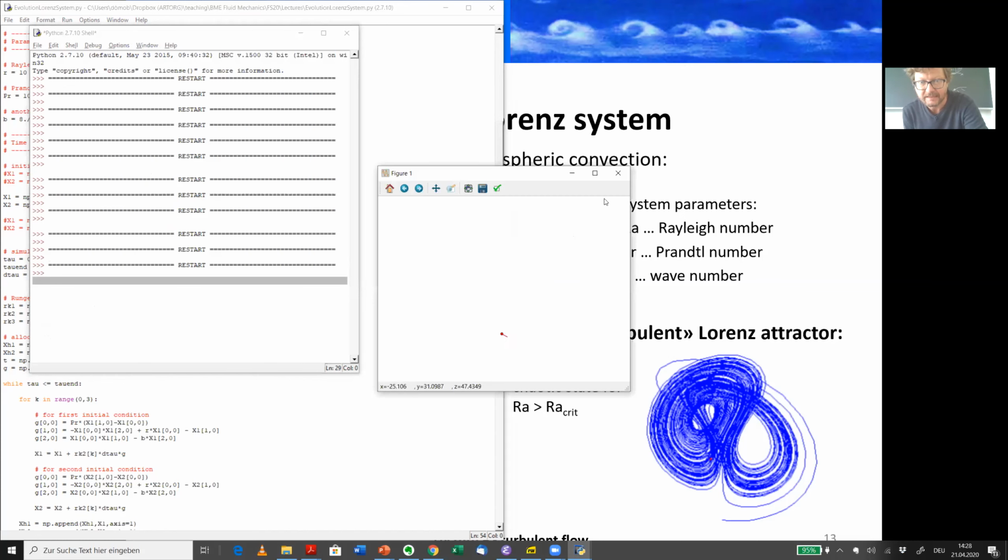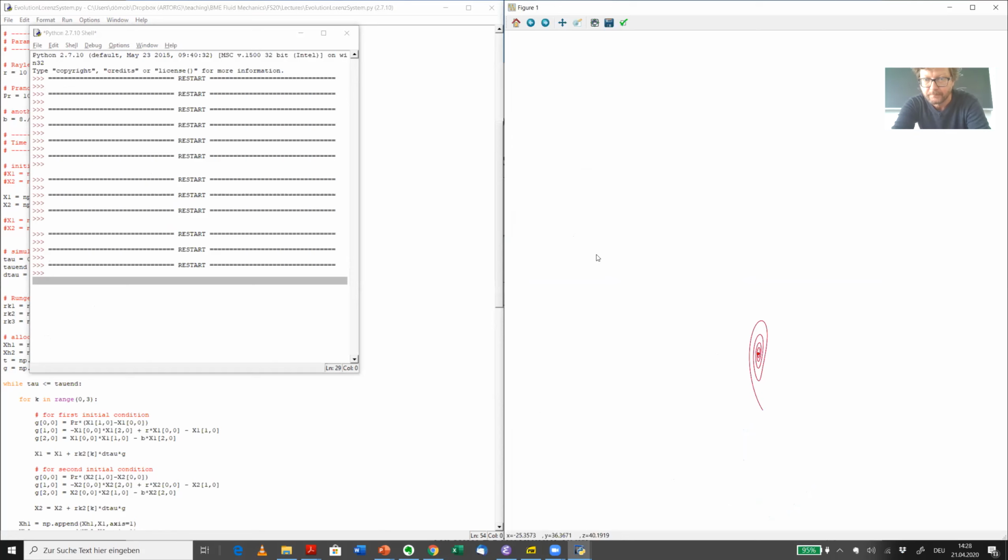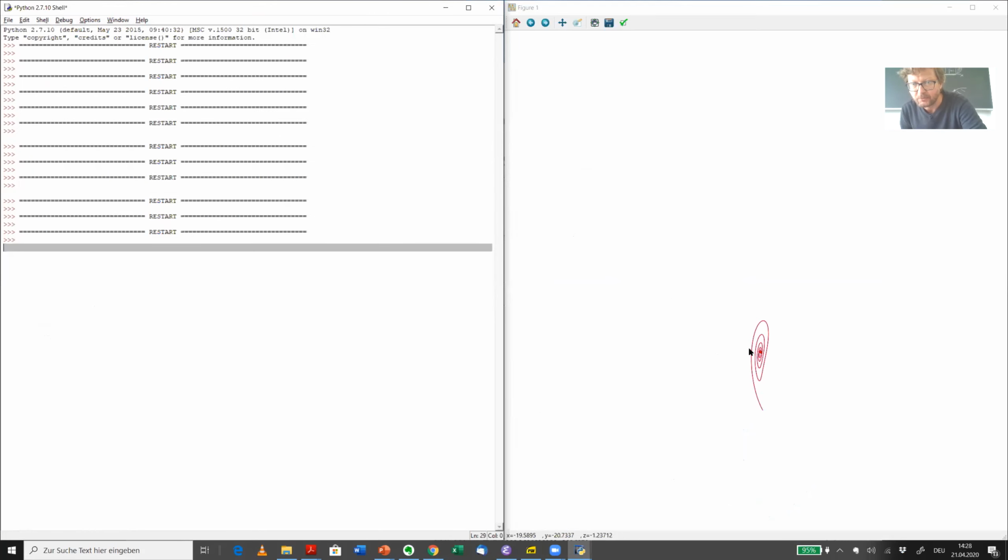We actually don't even see both points anymore. We just see one point, but the 2 points are on top of each other, because we started at almost the same location.